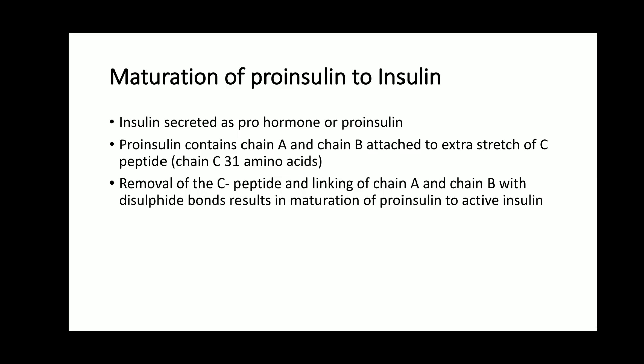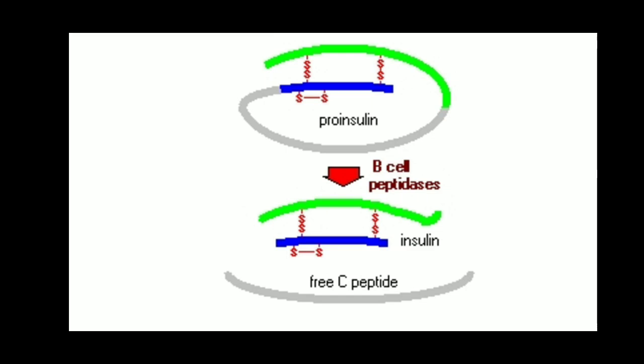After the cleavage of this chain C by the peptidase enzyme, the chain A and chain B are linked with the disulfide bridges and release the C peptide or chain C, which is known as maturation of proinsulin to active insulin. Getting? Proinsulin contains chain A, chain B and chain C, whereas active insulin contains only chain A and chain B. Here you can see the maturation of proinsulin to active insulin.